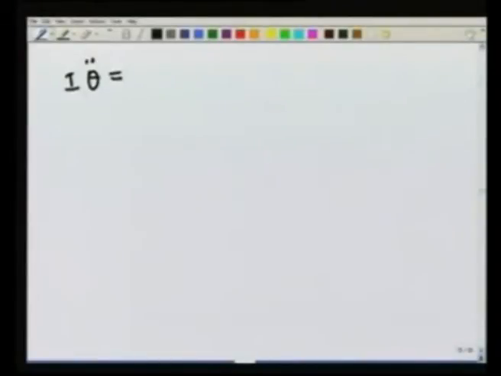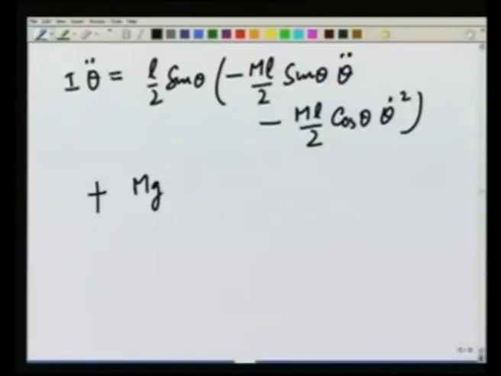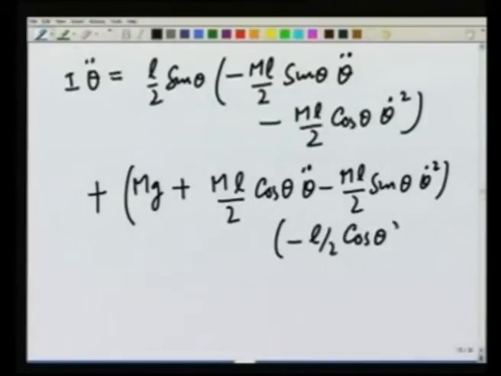We get I theta double dot is equal to L over 2 sine theta, N2 is minus m L over 2 sine theta theta double dot minus m L over 2 cosine theta theta dot square, plus mg plus m L over 2 cosine theta theta double dot minus m L over 2 sine theta theta dot square times minus L over 2 cosine of theta.